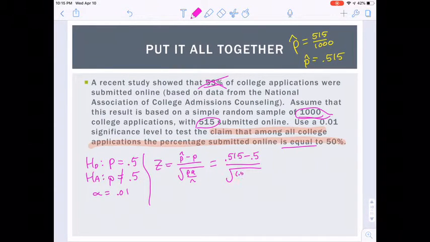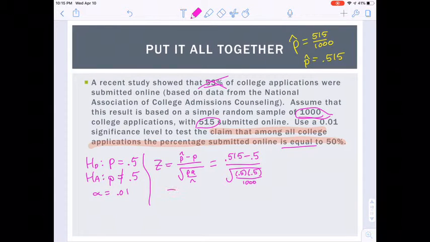This is another 50-50 problem, and whenever p is 50, q is also 50, so another 0.5 here, all divided by n, which was 1,000.